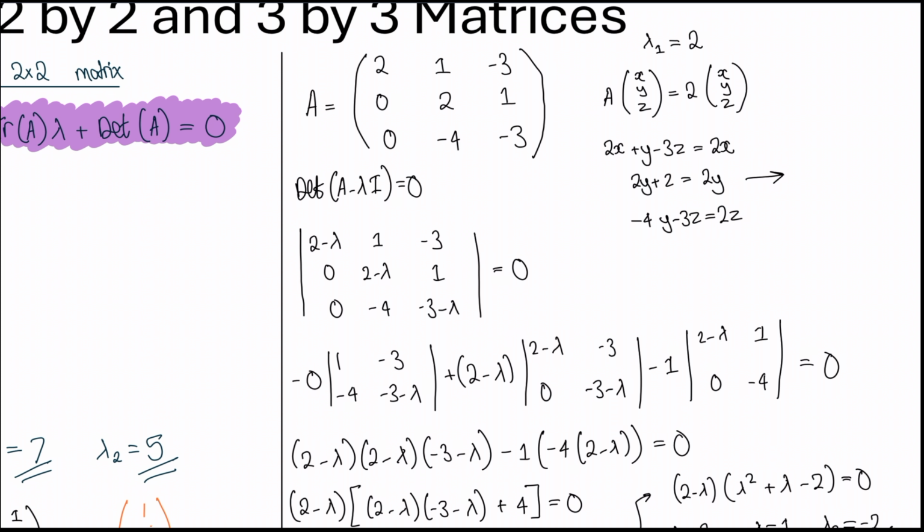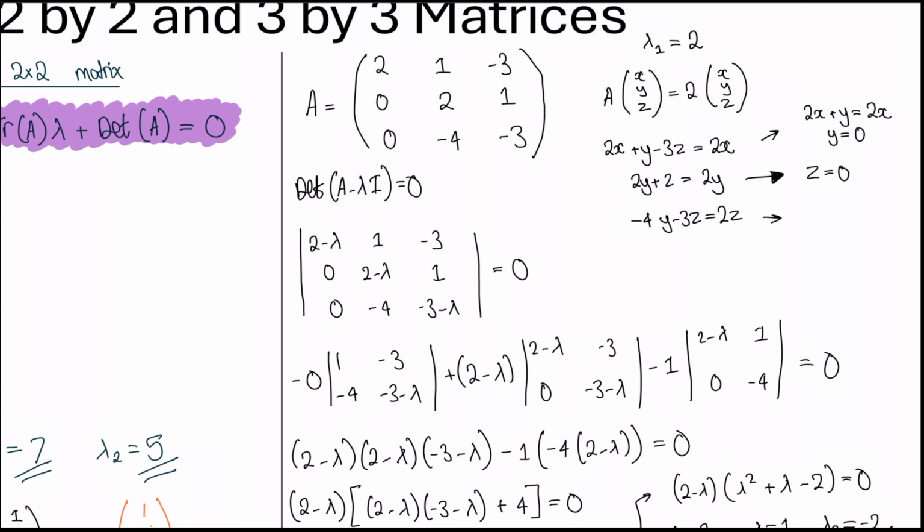If we look at this equation, we can tell that z must be equal to 0 to fulfill this equation. So now that we know z is equal to 0, if we substitute that into here, we get 2x plus y is equal to 2x. So that means y must also be equal to 0.